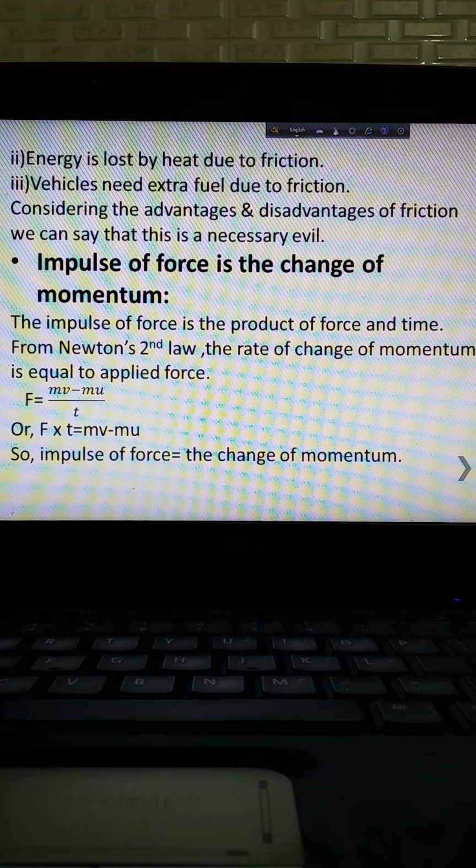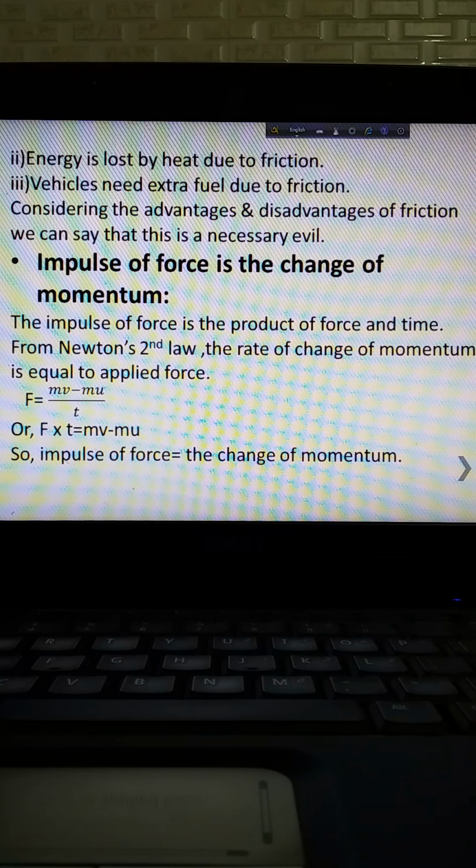Okay. Another comprehension based question is: impulsive force is the change of momentum. As you have known about momentum, what is momentum? The product of mass and velocity is called momentum, and change of momentum means the product of mass and initial velocity, and the difference from the product of mass and final velocity.